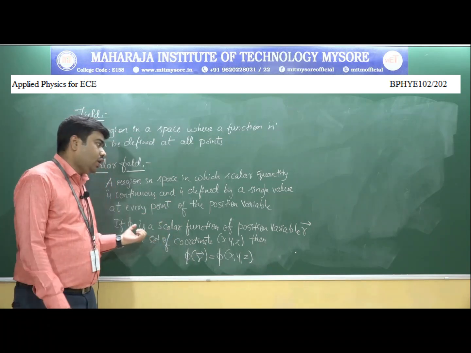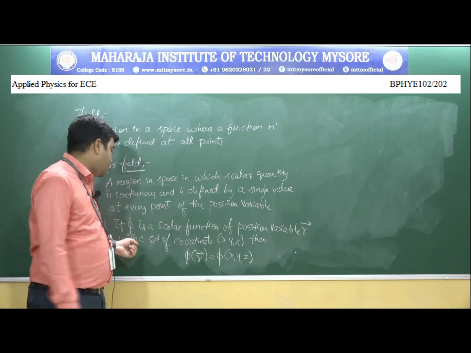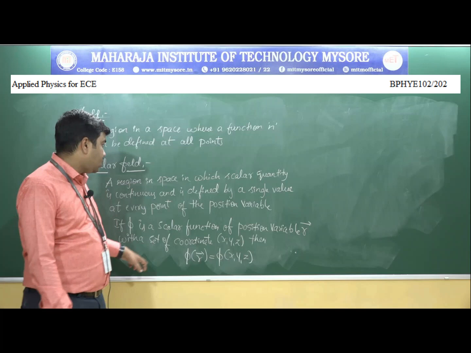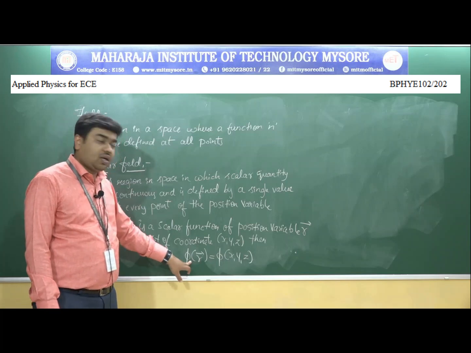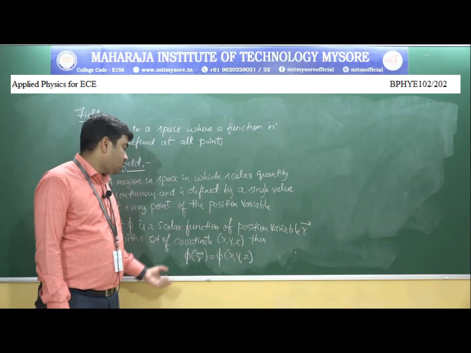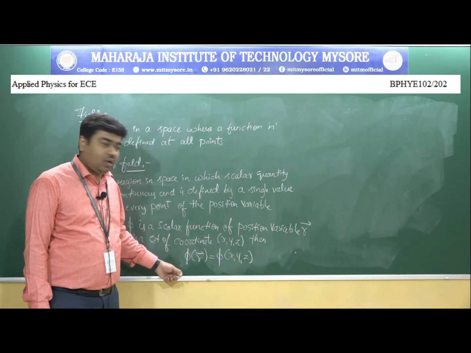Now if phi is a scalar quantity and the position variable r can be represented by a set of coordinates x, y, z, then the scalar field phi of r can be written as phi of x, y, z. So this is how we can represent a scalar field.